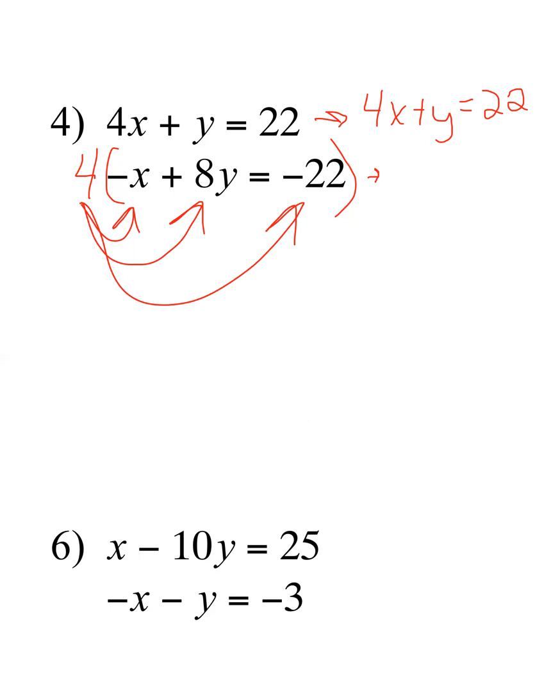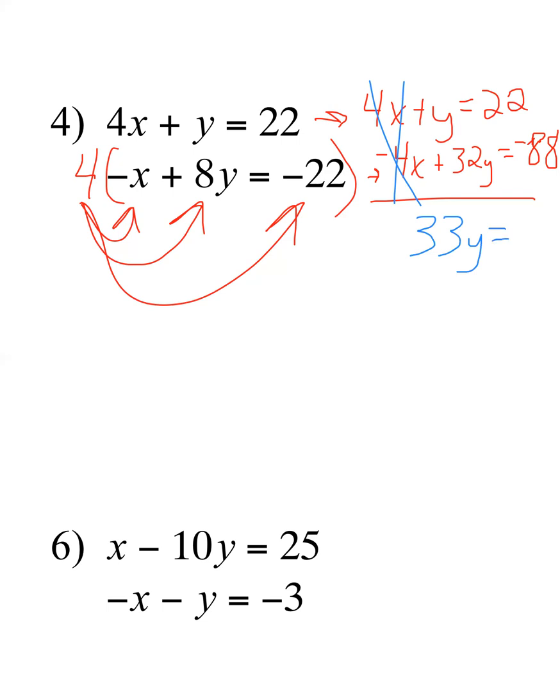So first I'm going to get a negative 4x plus 32y equals 4 times negative 22, which is going to be a negative 88. All right, so switch colors real quick. My x's cancel. y plus 32y is going to get me 33y, right?